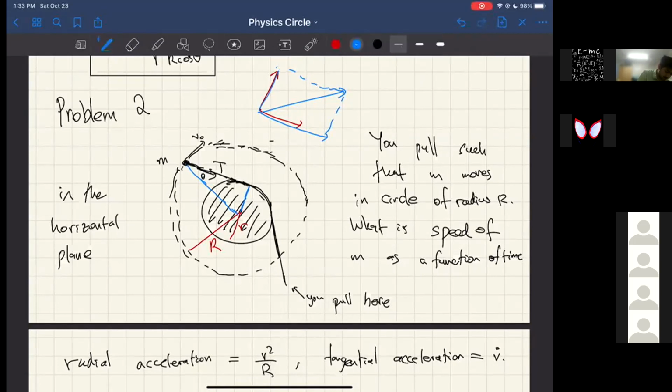That's always the case. So in this case, I have a tension force right here, so its horizontal component is just tension times cos theta.